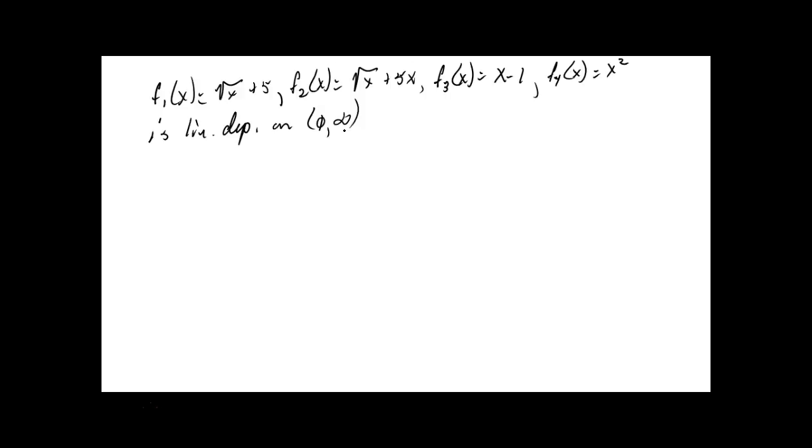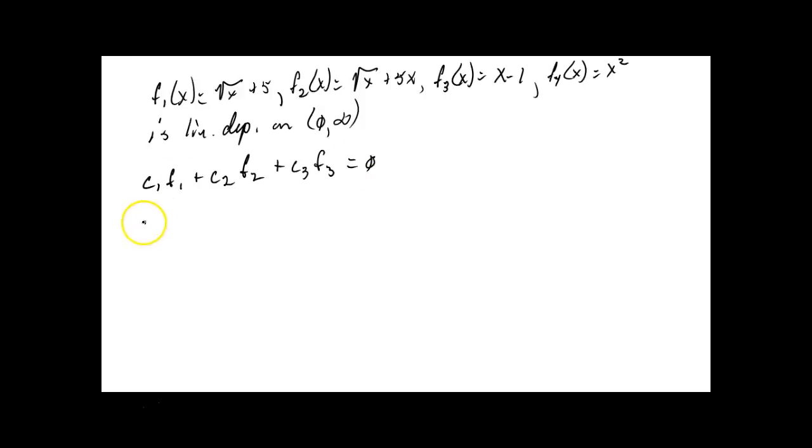But I'm going to look at the other three and see if I can come up with some C1 f1 plus C2 f2 plus C3 f3 that's going to equal 0. Let's see if we can do that.